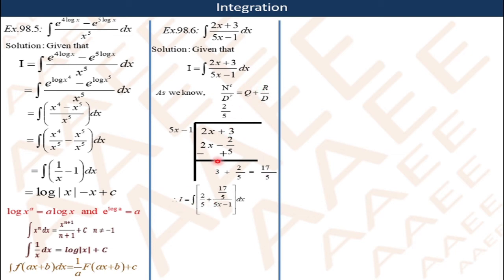Therefore I is equal to the integral of 2 by 5 plus 17 by 5 upon 5x minus 1 dx.